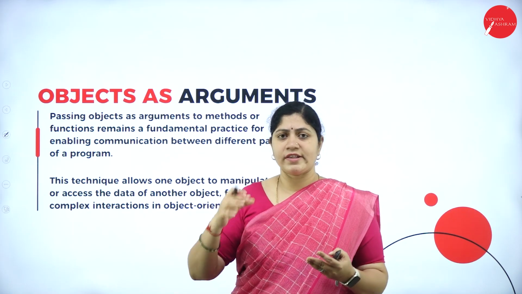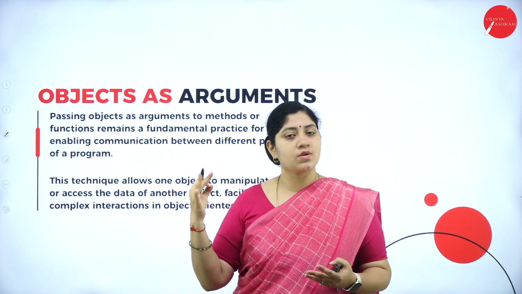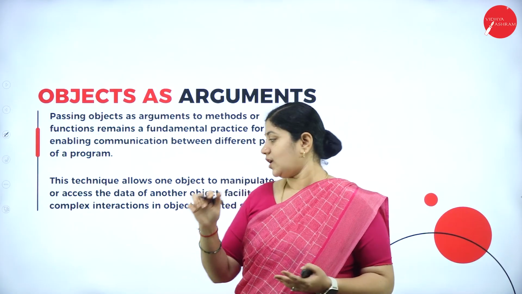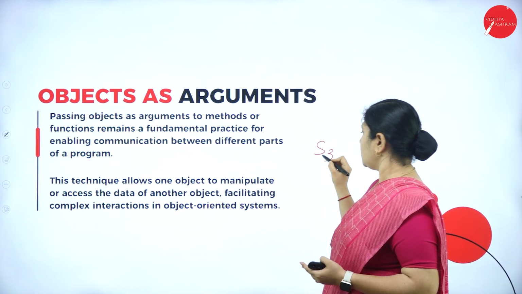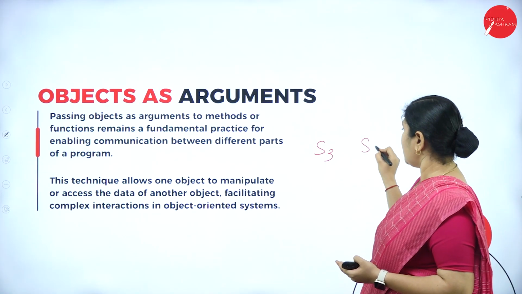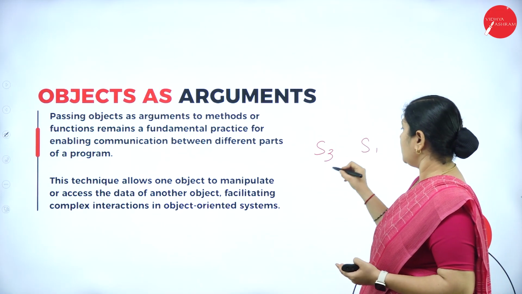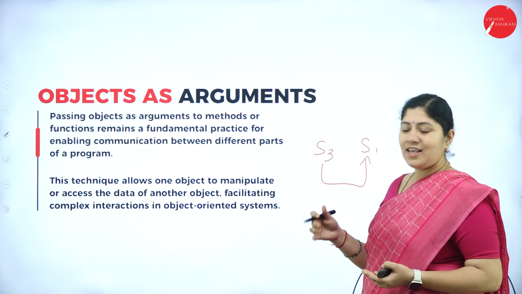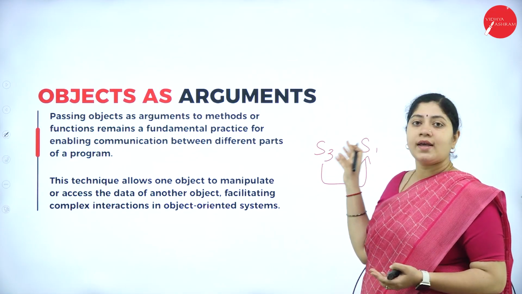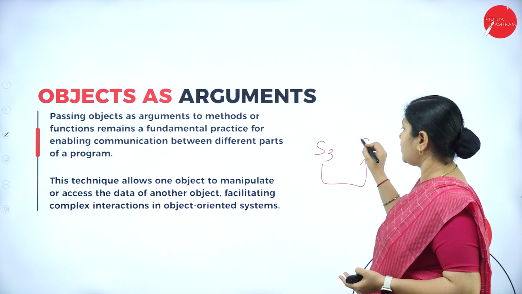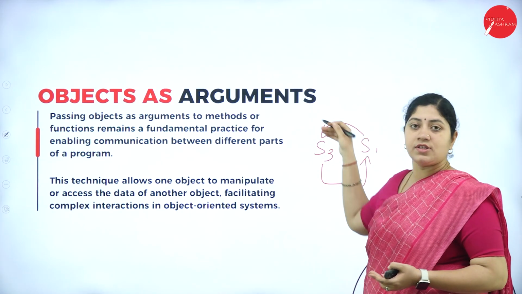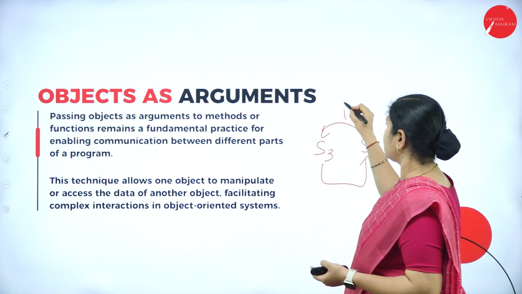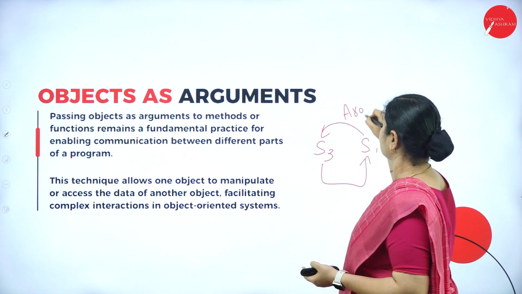If I consider S1, S2, S3 as the three objects, and let's say S3 needs some information from S1, will this be possible? Yes, we can collect the information from S1 and pass it to S3. But the thing which helps us do this is arguments.